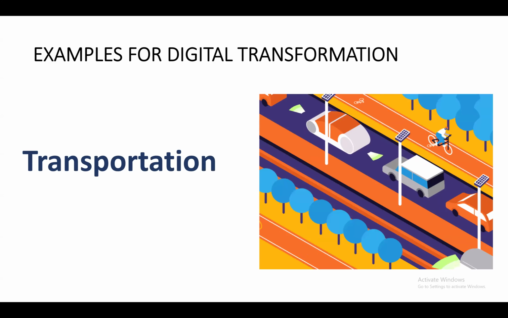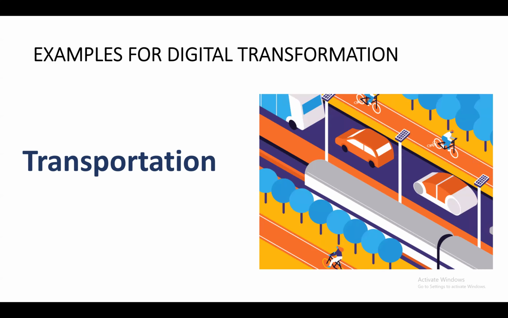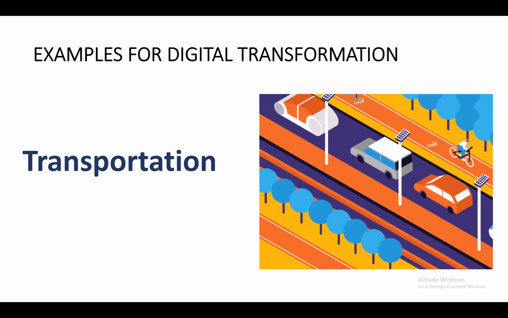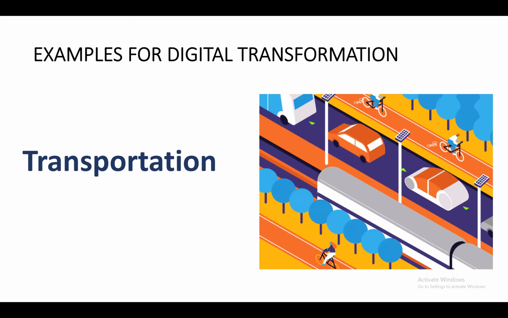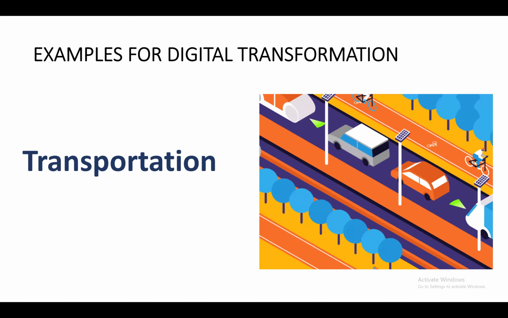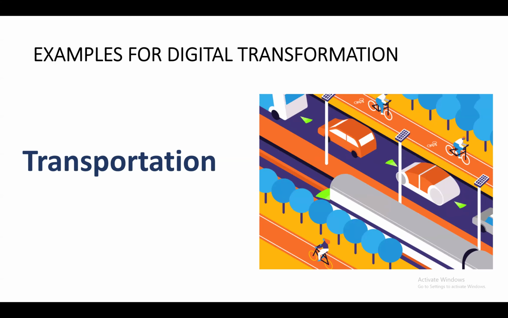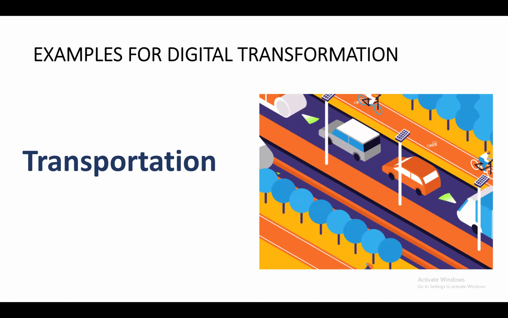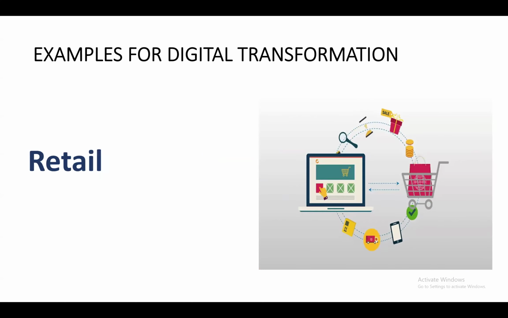And transportation, if you go to China, Japan, they have a solid transportation system. You can use your mobile phone and use public transportation based on the information provided from those apps. So the transportation industry is also going towards digitalization. Then the retail industry.